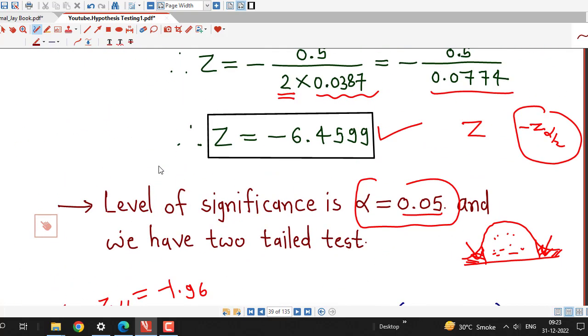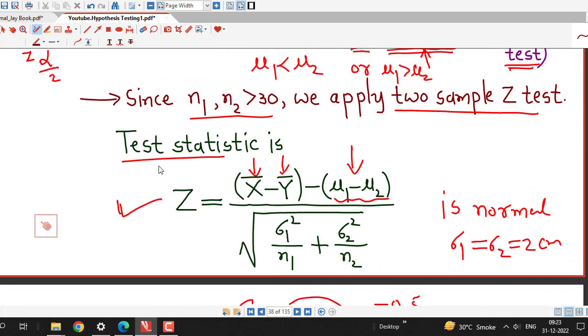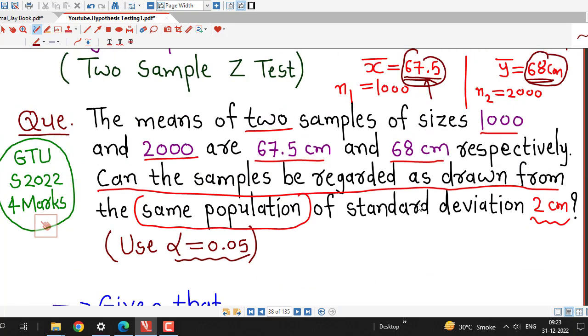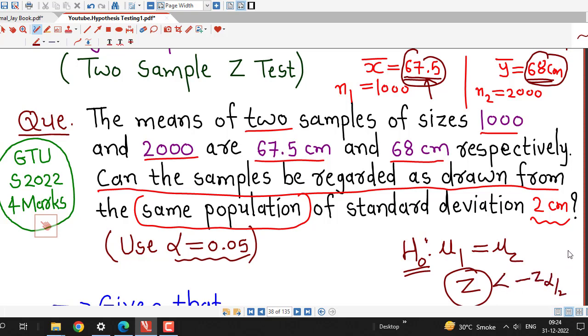So in this way we can decide that statement related to the population means. Here we are testing this statement mu1 equal to mu2 under the Z statistic. We are applying two sample Z test to test this null hypothesis, and we find that calculated value of Z is less than minus Z alpha by 2.